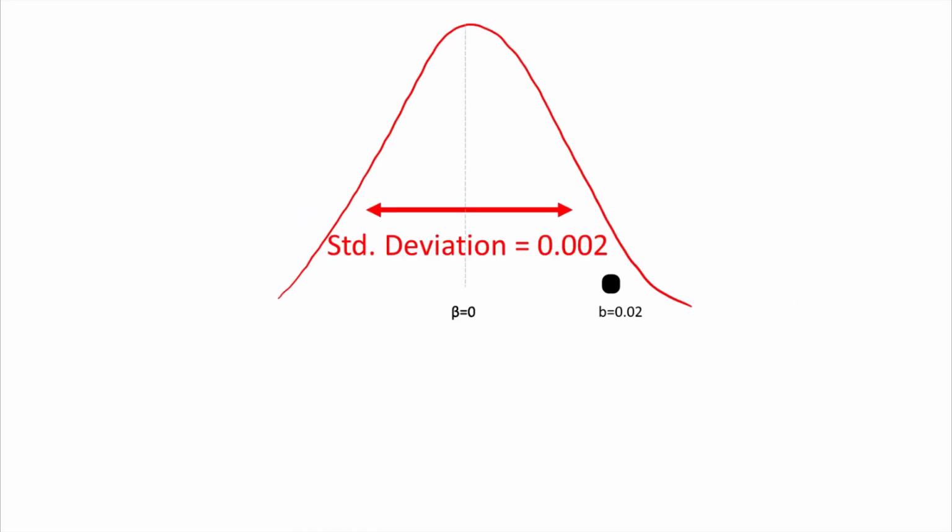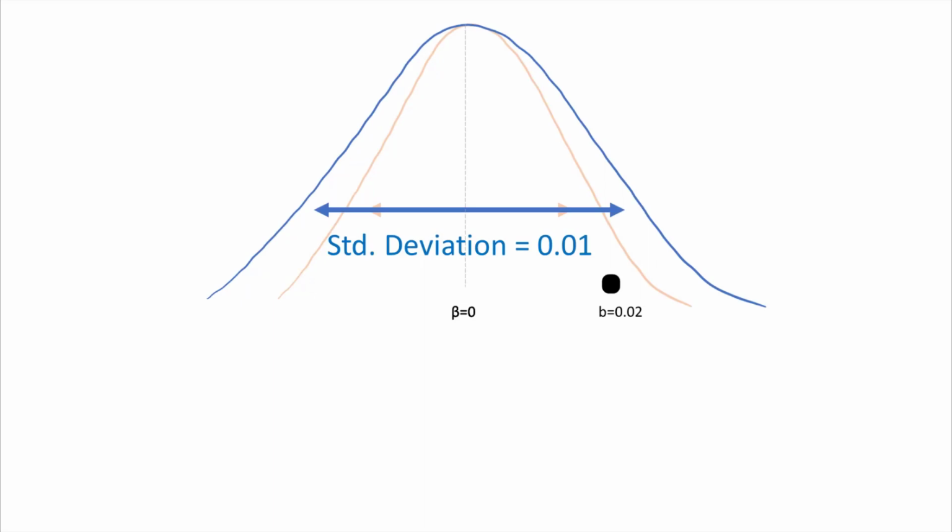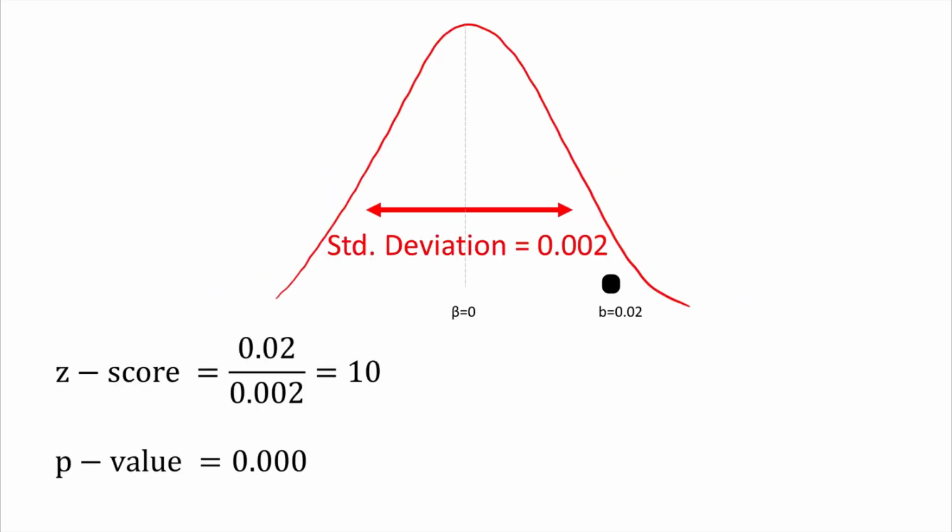The standard deviation of an estimator tells us how spread out a distribution is. When the standard deviation is 0.002, the distribution is relatively narrow. So, given this distribution, is it likely that beta is 0 and we just randomly drew a result of 0.02?